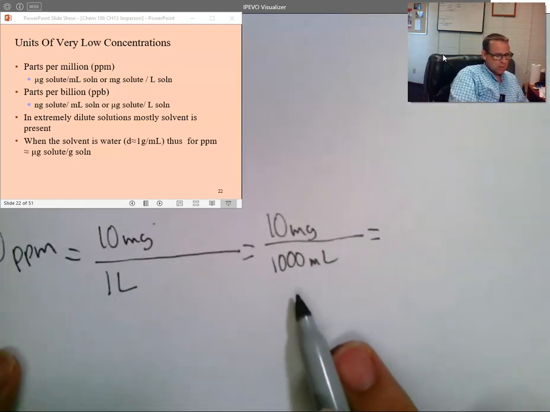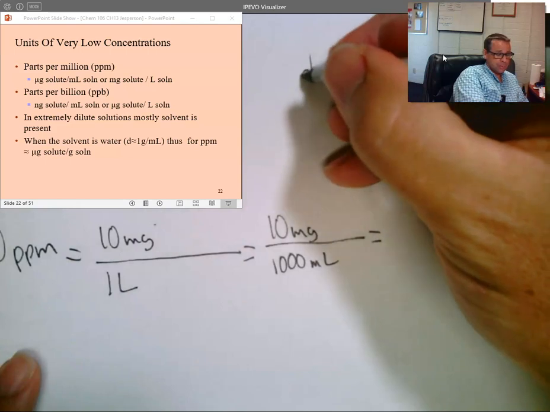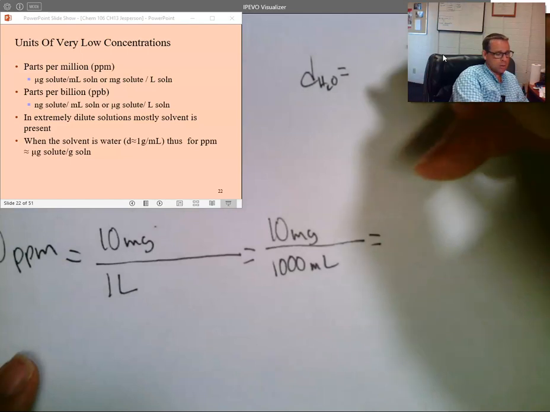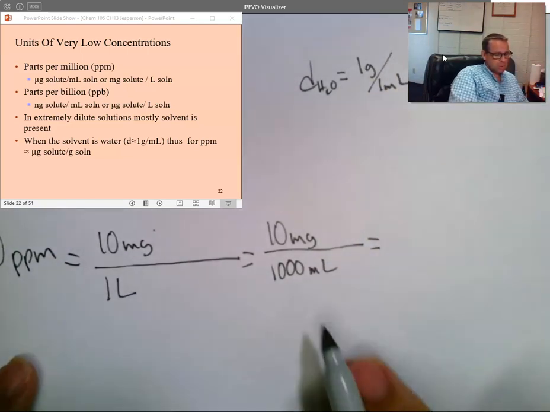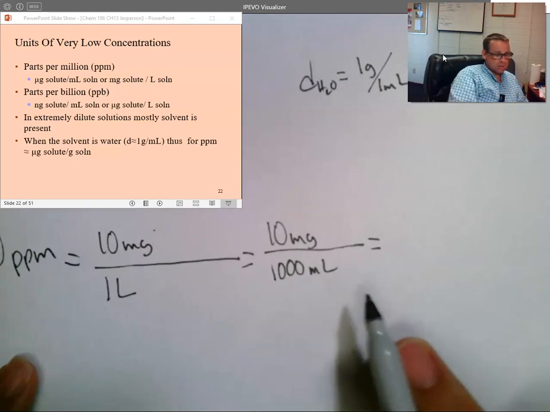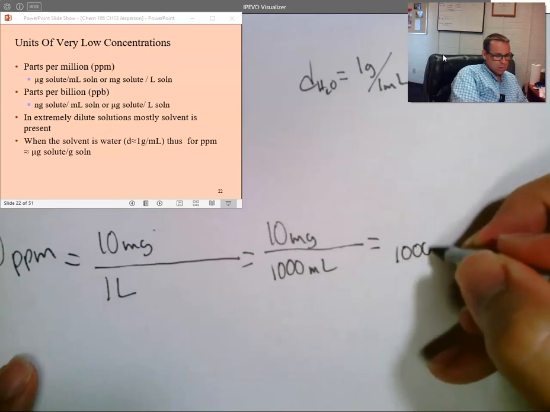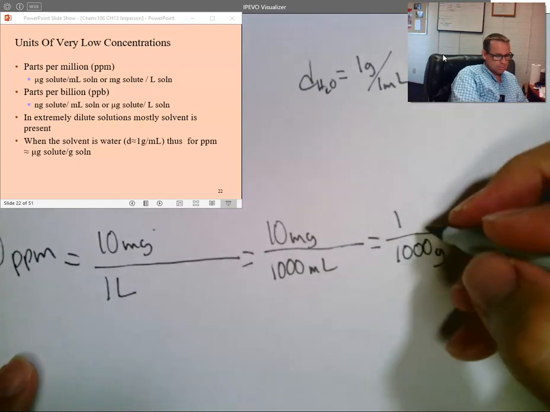Now, we just also identified that 1 milliliter had a mass of 1 gram, right? Density of water, or solutions that are mostly water, is 1 gram for every 1 milliliter. So 1,000 milliliters is going to be essentially equal to 1,000 grams if the density is close to 1.